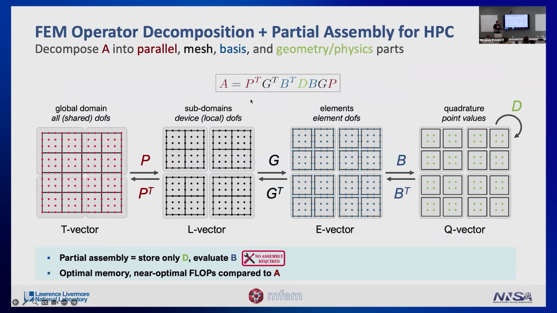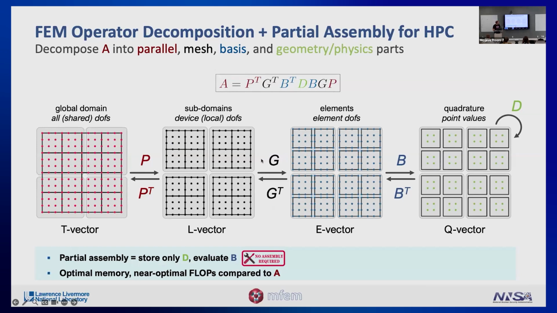The way we approach this is by this finite element decomposition. Again, something that should be familiar to some of you, but maybe not to everyone. It's how you decompose a finite element operator into a product of matrices, each of which enables or exposes another level of parallelism. This P operator goes from global true degrees of freedom in parallel to local degrees of freedom on each processor or each MPI rank.